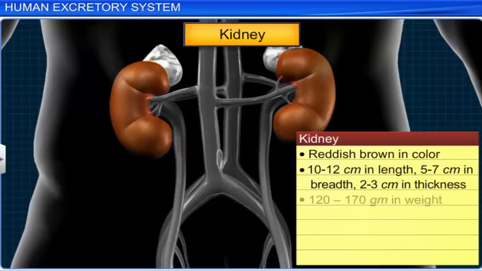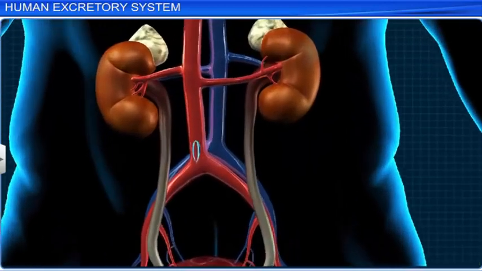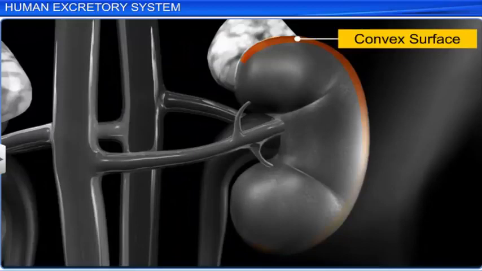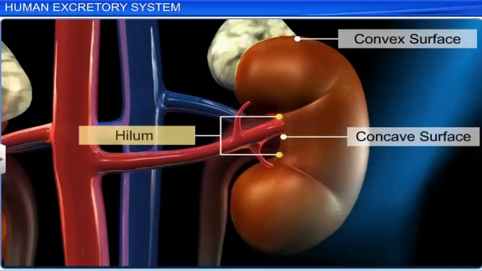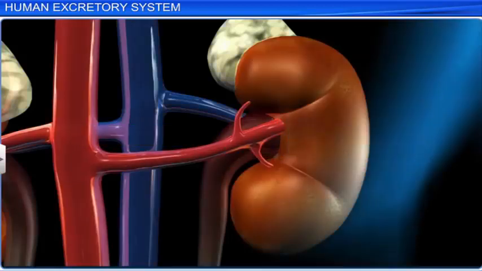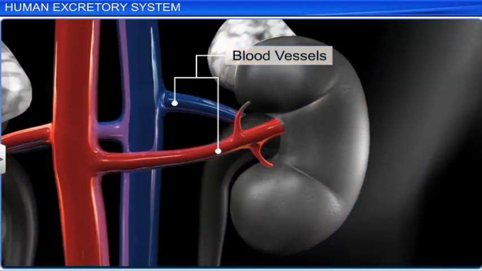Each kidney weighs about 120 to 170 grams. The kidneys have an outer convex surface and an indentation or a notch on the inner concave surface called the hilum, through which blood vessels, nerves, and the ureters pass.